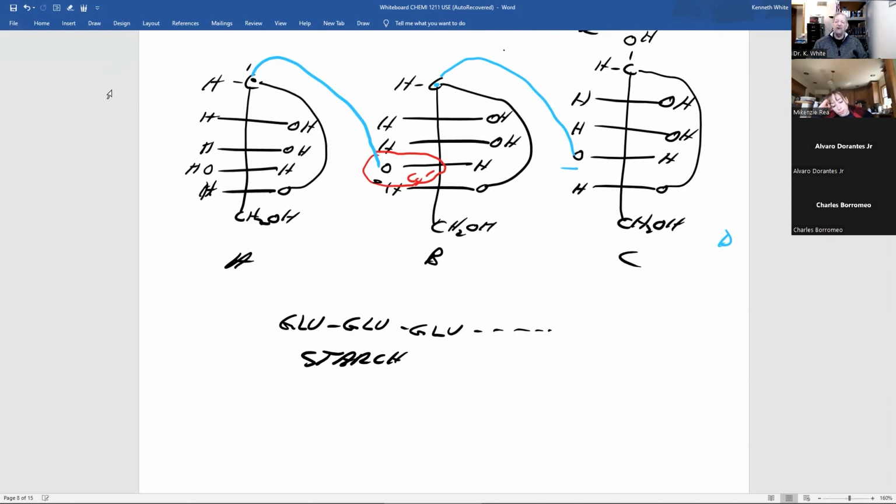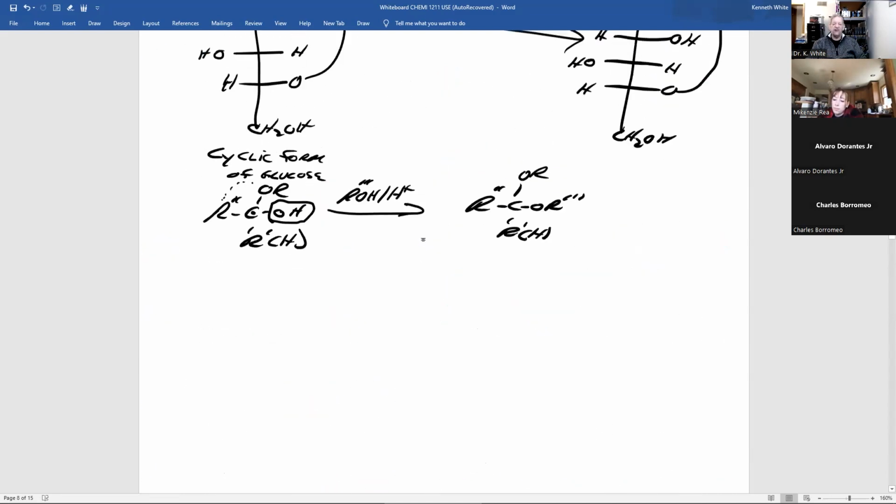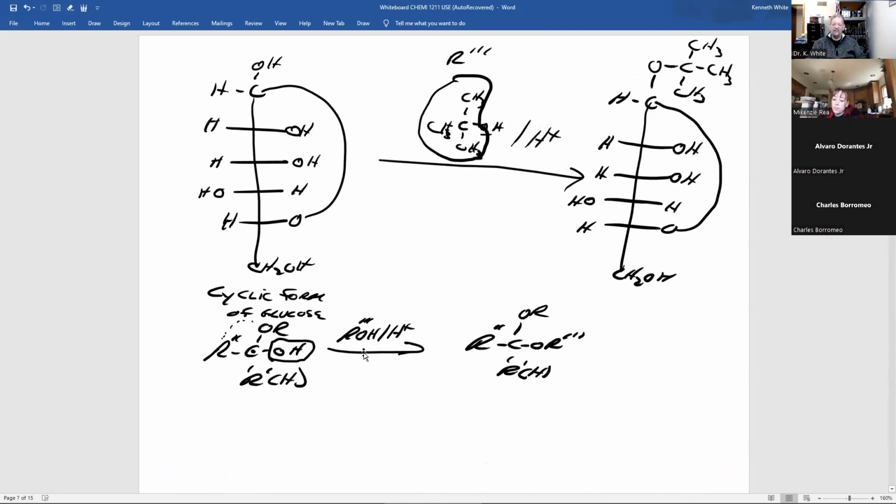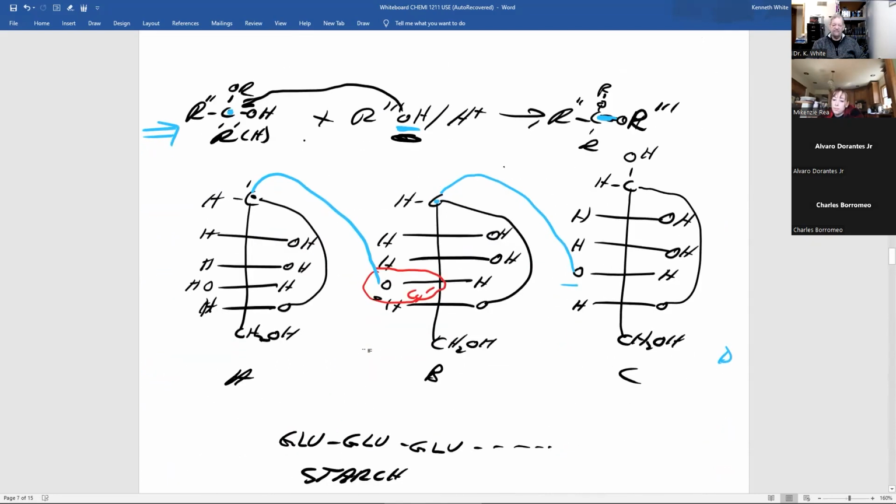The next time you have a potato, rice, bread, French fries, pizza, whatever has starch in it, that's a polymer of glucose. And that all came about, first of all, that you could form the hemiacetal form of glucose, and then this unsymmetrical acetal formation.